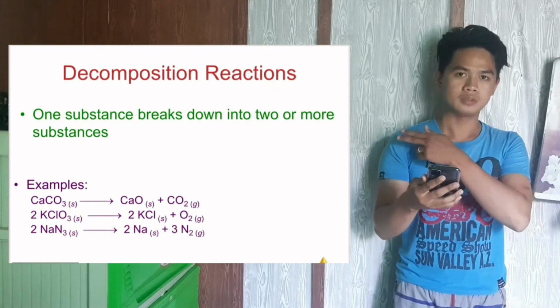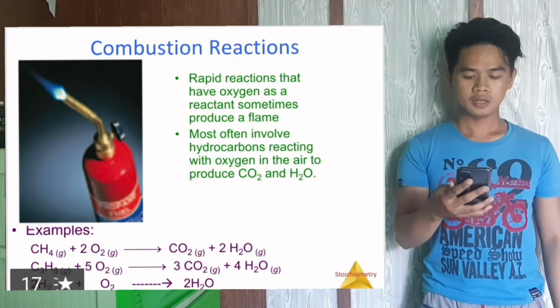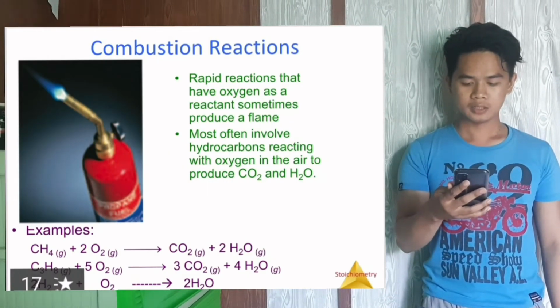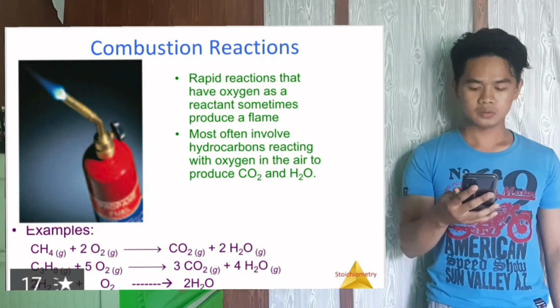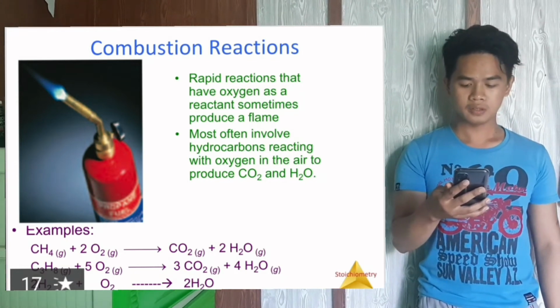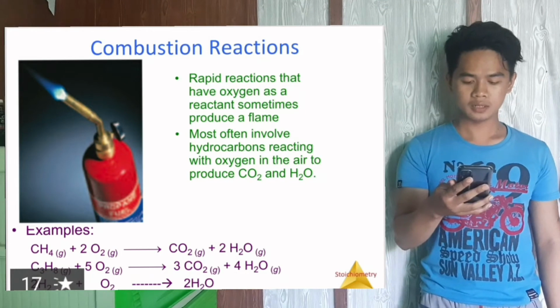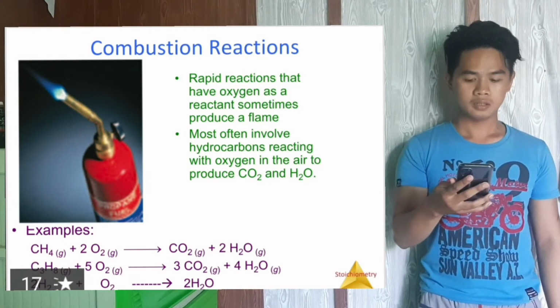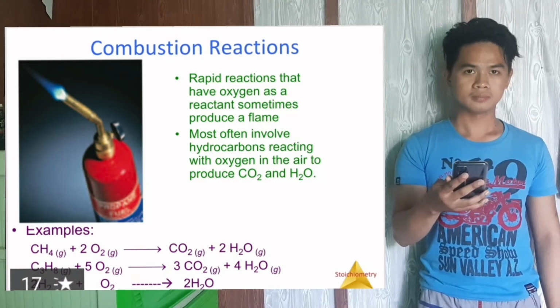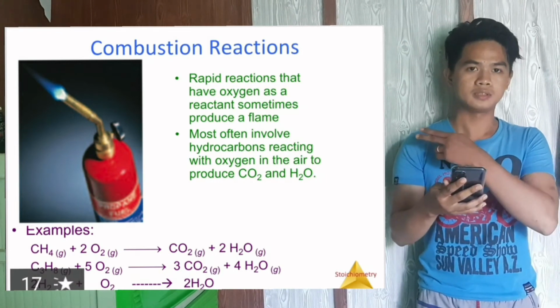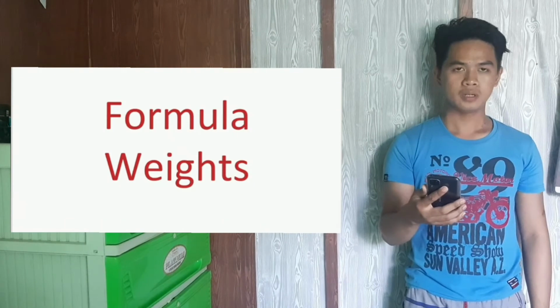Watch these examples. Combustion reactions: rapid reactions that have oxygen as a reactant and sometimes produce a flame. Most often they involve hydrocarbons reacting with oxygen in the air to produce carbon dioxide and water. Watch these examples.